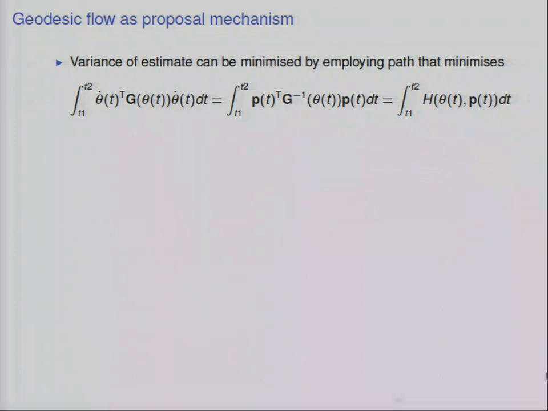So there's my metric tensor, which of course is sort of unnormalized Fisher information. And here are these velocities in theta space, and I can write it like this, for these p's that I defined previously. Now, does anyone recognize what this looks like from yesterday's presentation?